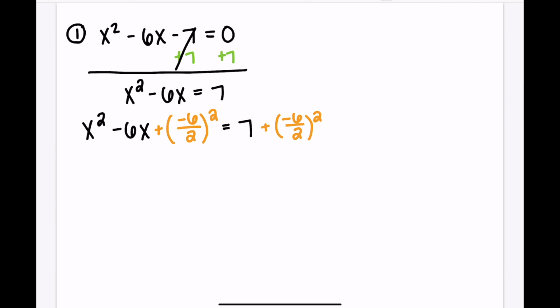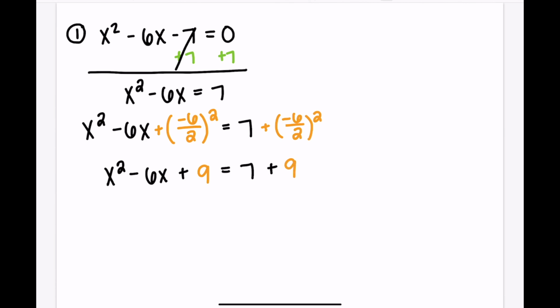So we've got x squared minus 6x. Now, negative 6 divided by 2 is negative 3, and negative 3 squared is 9. So I'm actually going to keep that orange so that we can see. Right, and then 7 plus, we just found out that was equal to 9.